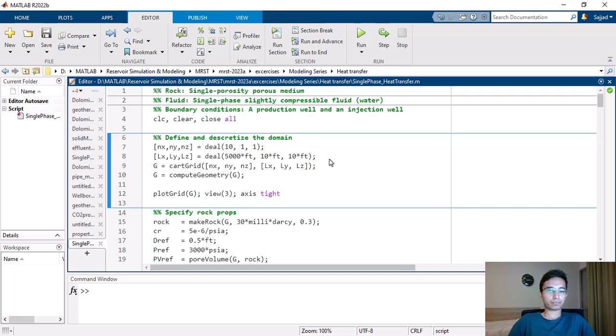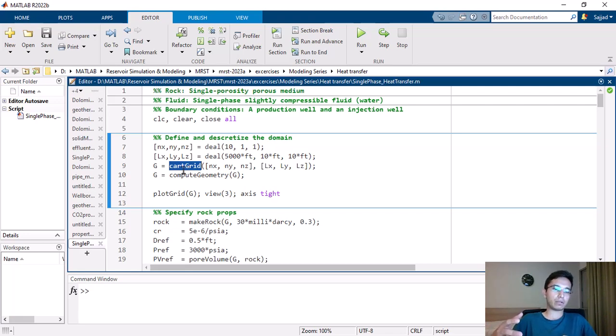All right. So we put these values, the number of cells in each direction and the total lengths in each direction, as the input argument. We consider them as the input argument of this function. And this function calculates the properties that we need to have for our simulation later.